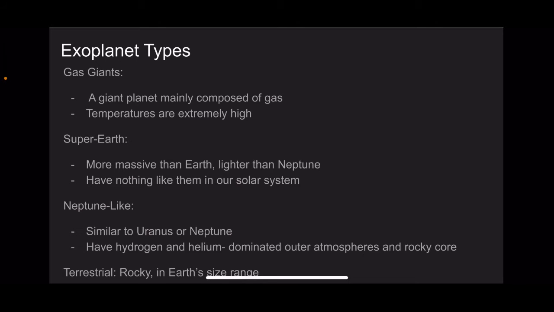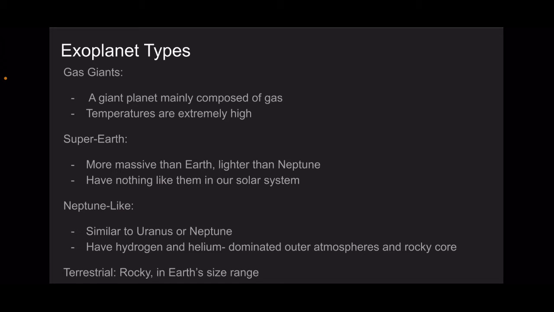Again, there are different types of exoplanets. Let's start off with gas giants. A gas giant is a giant planet mainly composed of gas, and temperatures are extremely high. It's usually similar to Jupiter or Saturn. Super Earth is more massive than Earth and lighter than Neptune, and there is nothing like them in our current solar system.